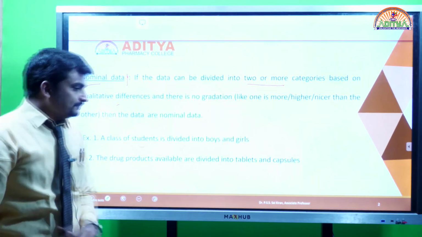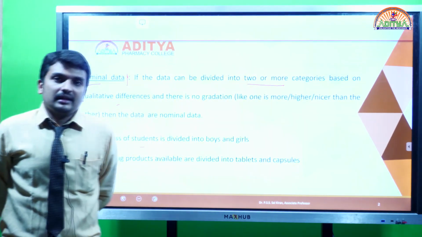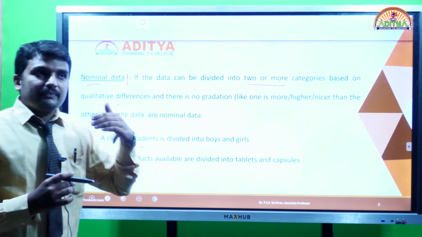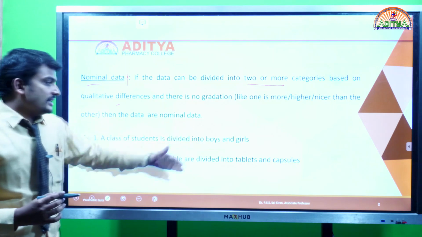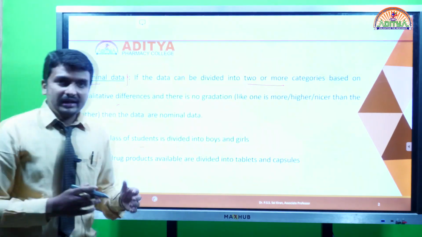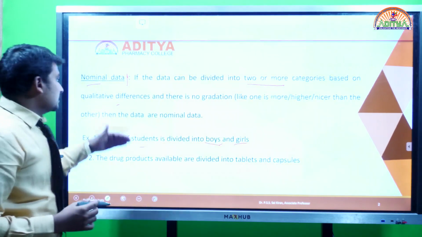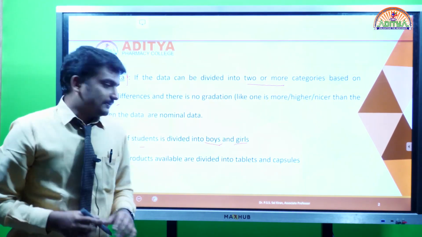For example, if there is a class of students, boys and girls are there. Here the sex of the students determines the group, that may be a girl or a boy. So this type of data is an example of nominal data.